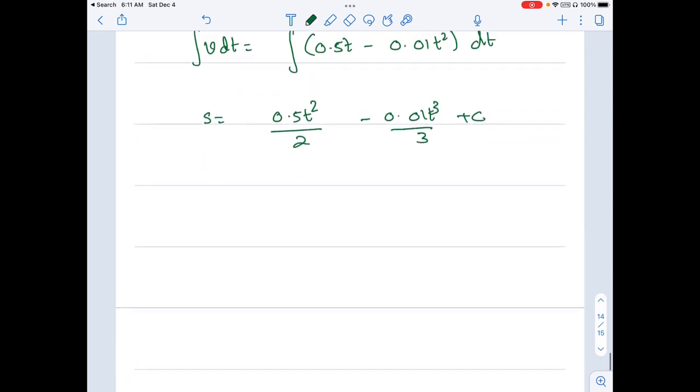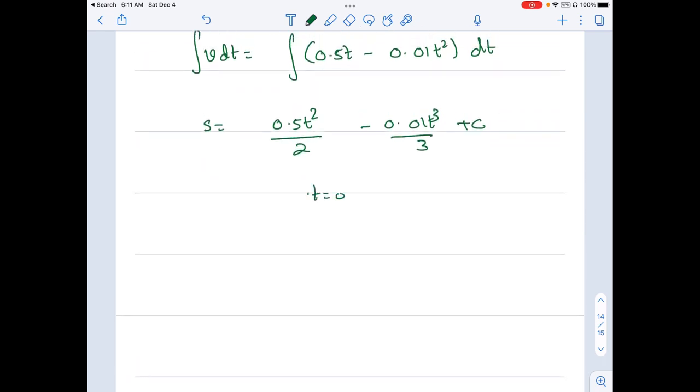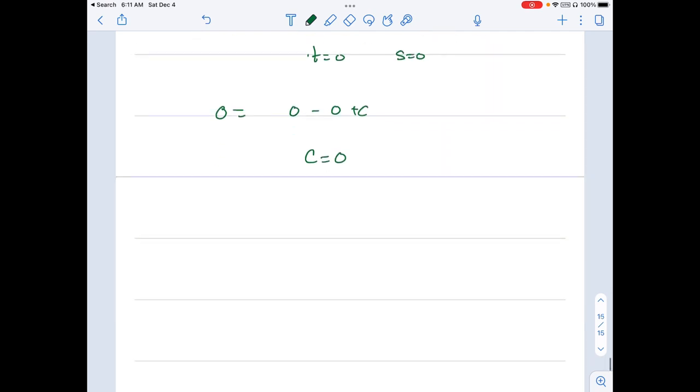Now at t equal to 0, S is equal to 0. So 0 is equal to 0 minus 0 plus c, so c is equal to 0. So my equation for the distance will be 0.25 t squared minus 0.01 t cubed upon 3.